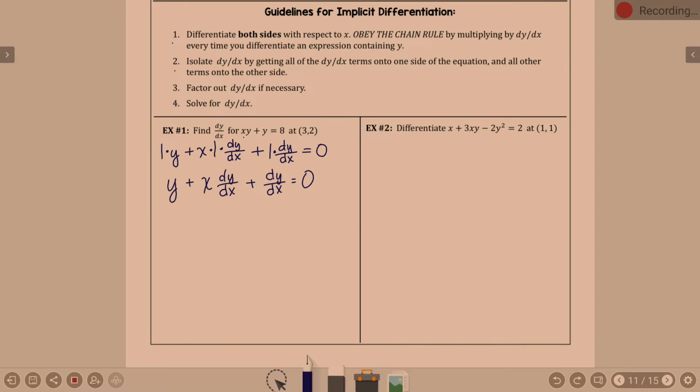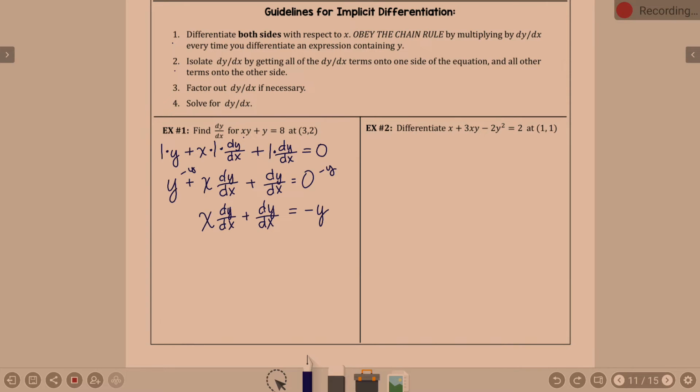What does that mean here? Subtract y. So I keep x dy/dx plus dy/dx equals, subtracting y over, 0 minus y is negative y.